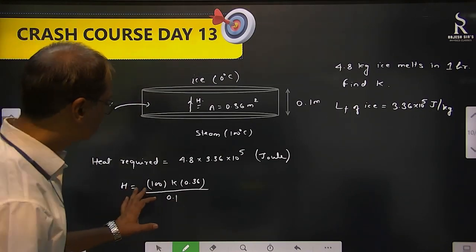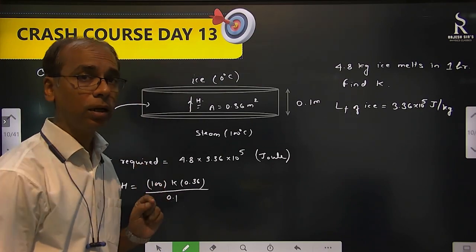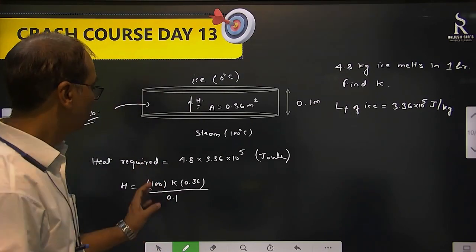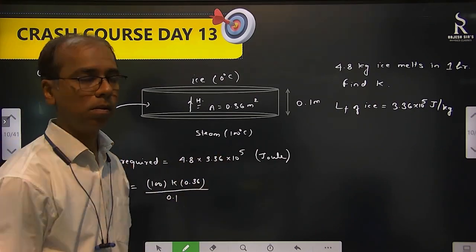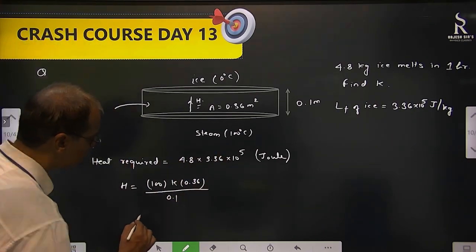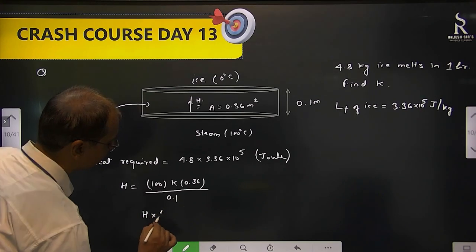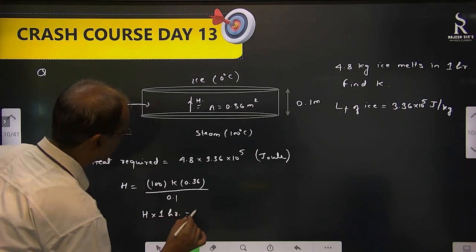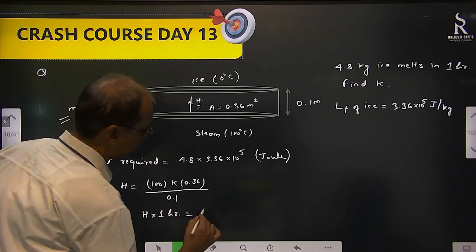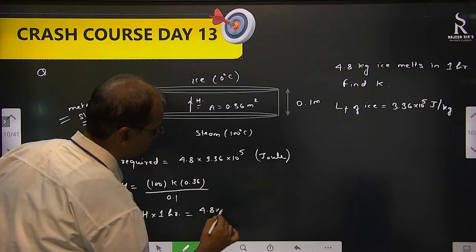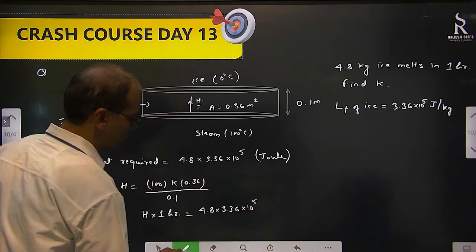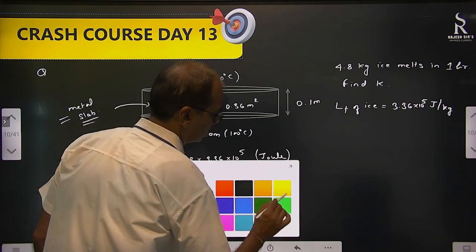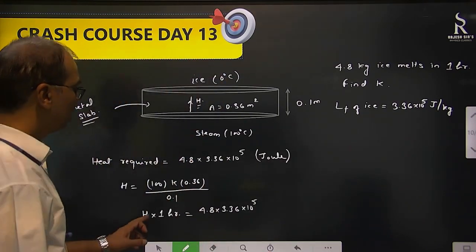Okay, so this is transferring per second. He says in 1 hour, this much amount of heat is transferred. So 1 hour means H into 1 hour equal to this, 4.8 into 3.36 into 10 to the power 5. Right? Okay. H is what this.